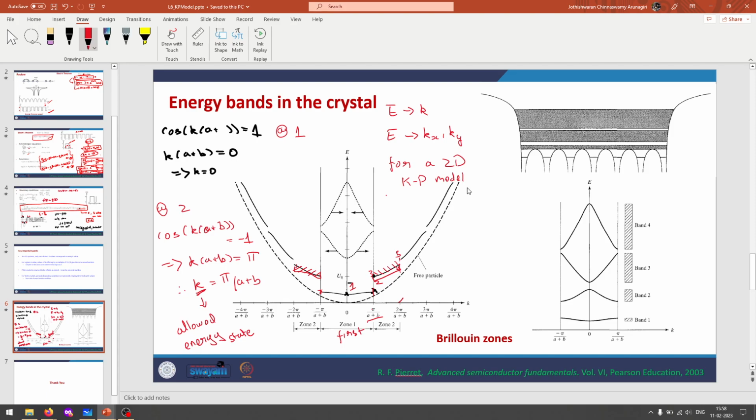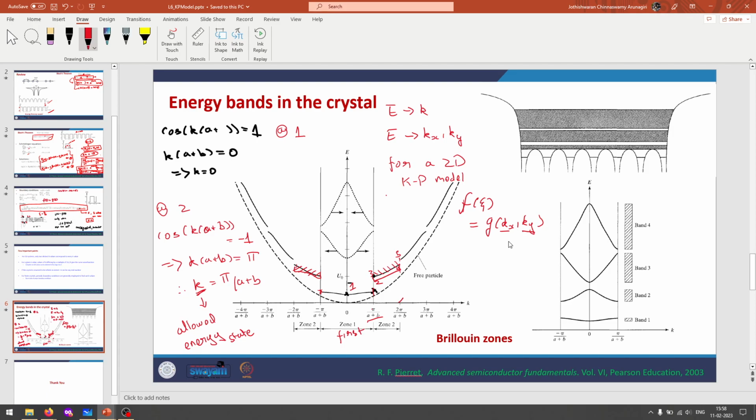The Kronig-Penney model is strictly a 1D model, but let us say hypothetically there exists a 2D Kronig-Penney model. Then the equation will look like f of xi is equal to g of kx comma ky. So the function on the right hand side will be a function of both these k values.